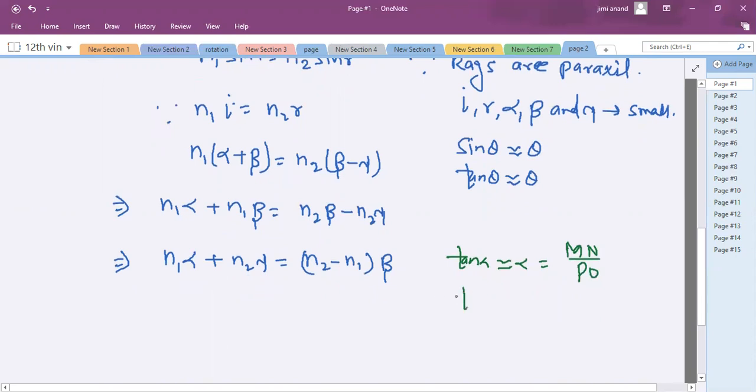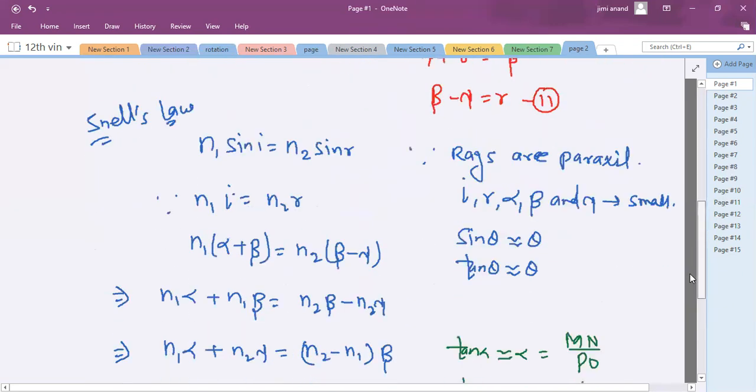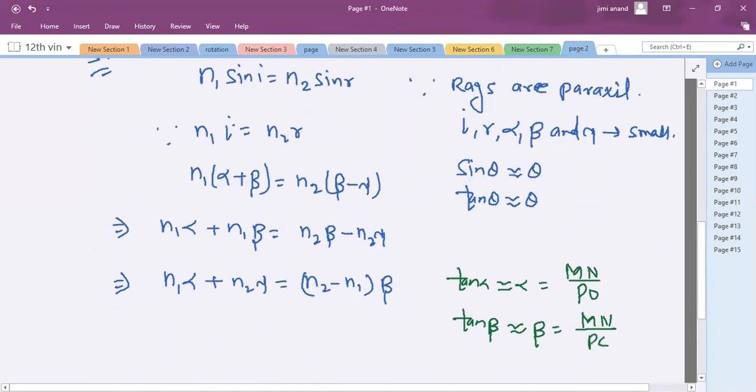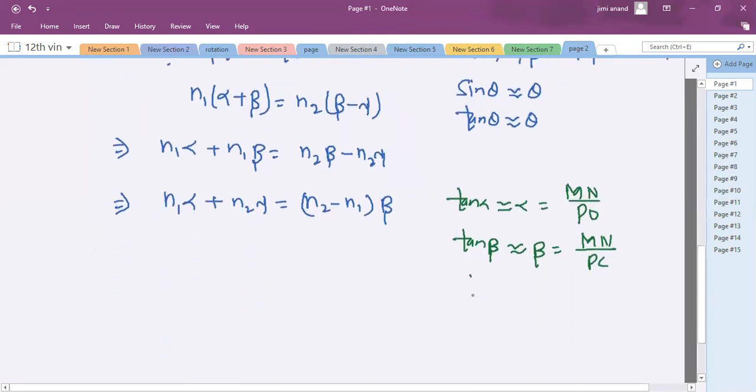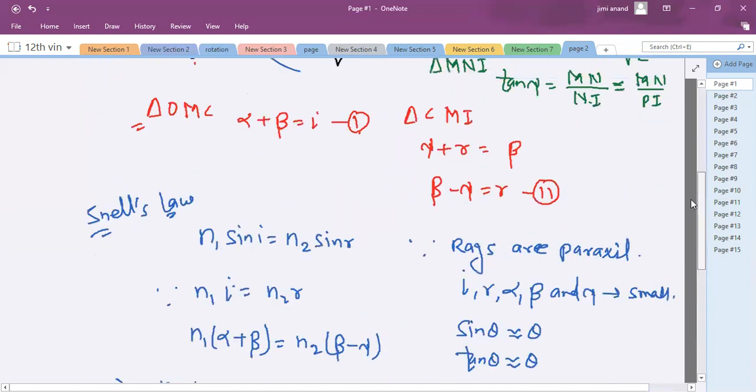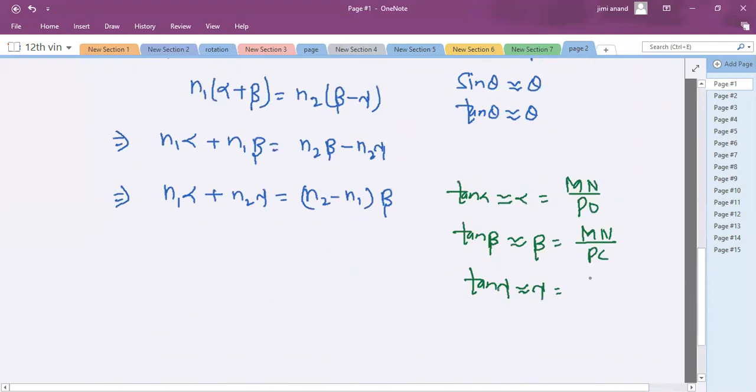Similarly, tan beta is approximately beta, that is nothing but MN upon PC. Similarly, tan gamma is approximately gamma because the angles are very small, and gamma is nothing but MN by PI. So we'll put everything here.